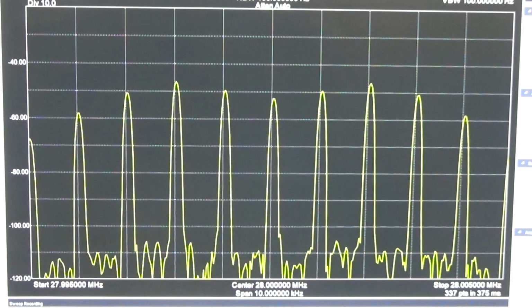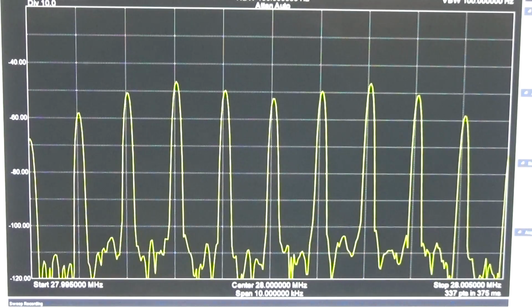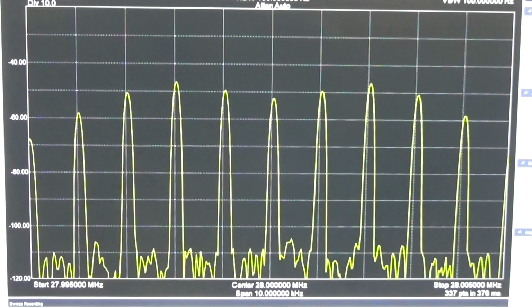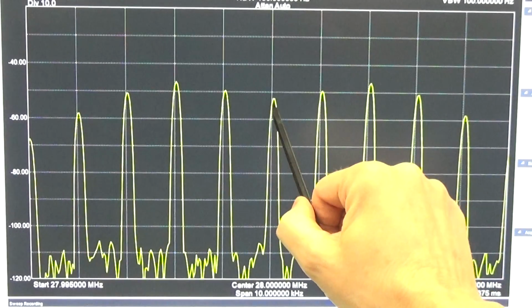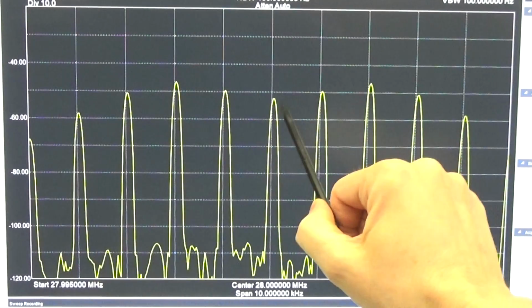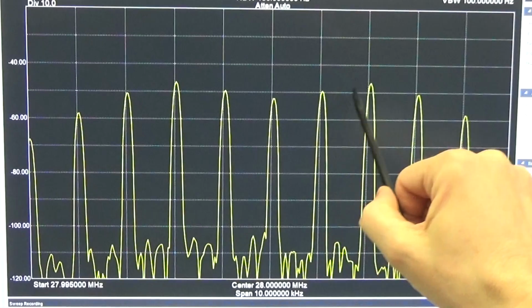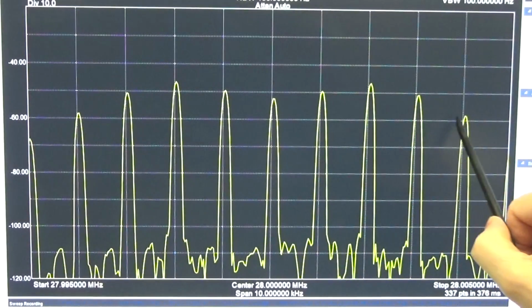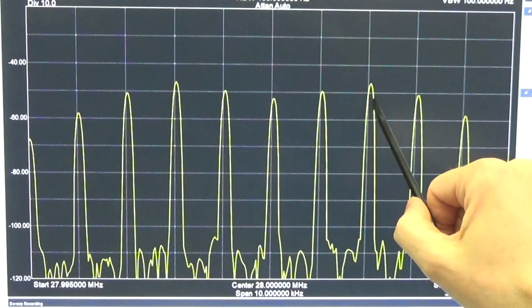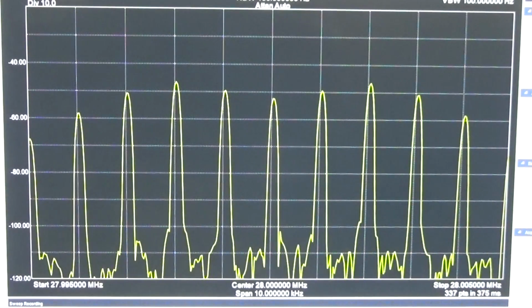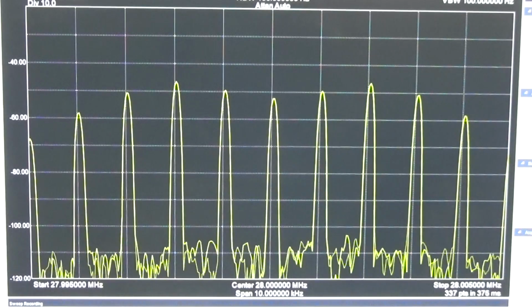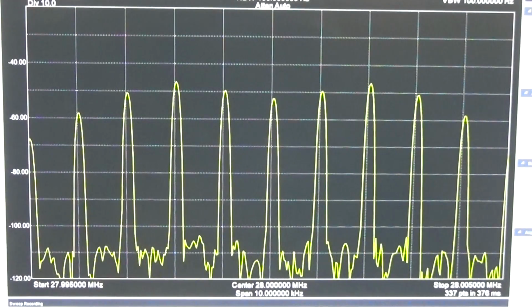Now it is relatively easy to see what our audio frequency is, because again we can simply count it here, and you see our tones here are always 1 kilohertz away from each other, and that is the audio frequency information.